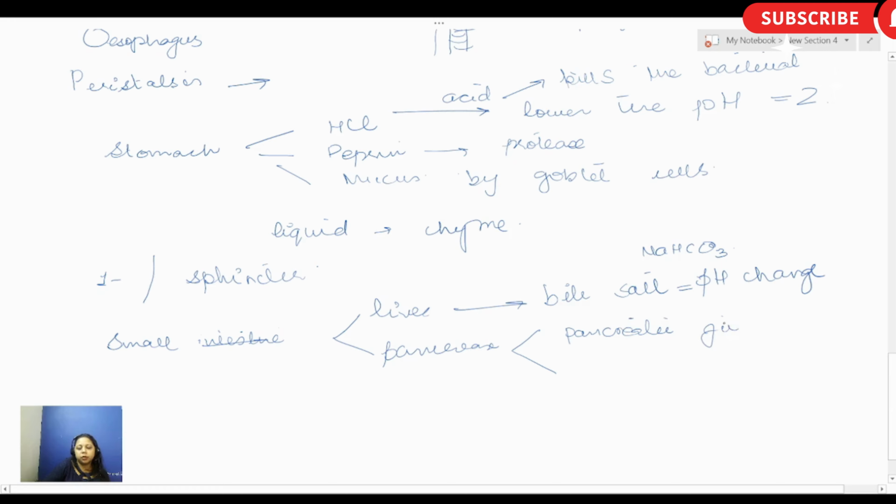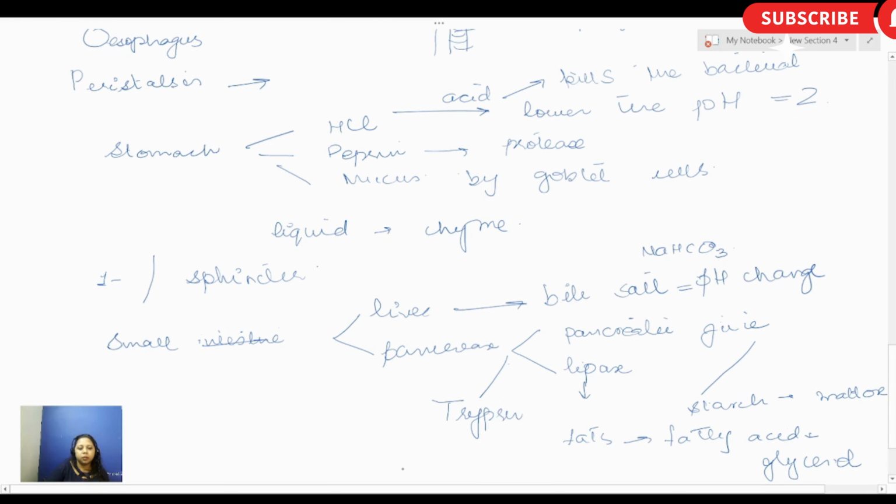Okay, pancreatic juice breaks down starch into maltose. What others? Lipase breaks fats into fatty acids and glycerol. And what does protease or trypsin do? Proteins into amino acids.